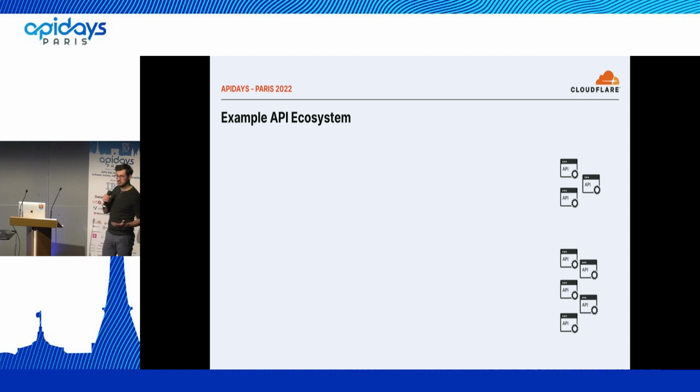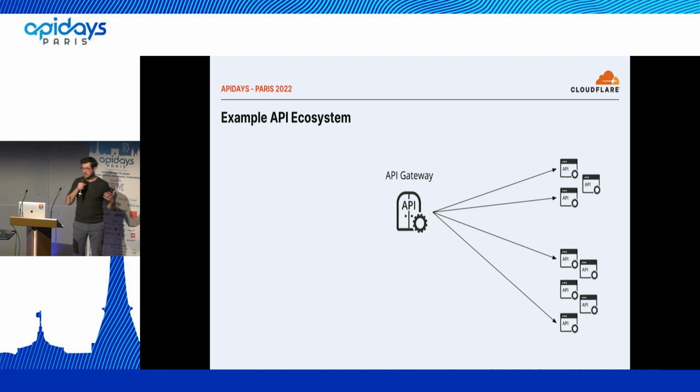Maybe spread across the globe. So a very heterogeneous environment where these APIs are being deployed. And then you might have something like an API gateway or similar tool to help you manage those APIs, help you route the traffic to that backend, and hopefully also help you put some security in place.